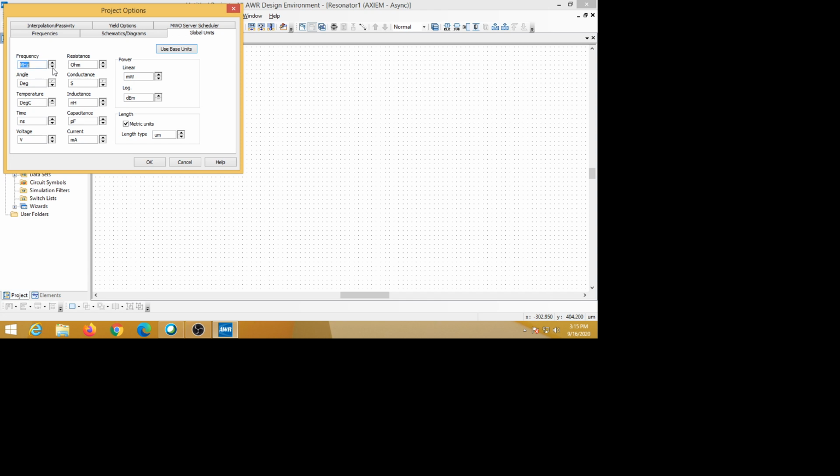We can change this to megahertz or kilohertz, but our range is gigahertz, so set it to gigahertz. Angle may be in degrees, temperature in degrees, time in nanosecond, resistance in ohm, and keep all other units as they are.